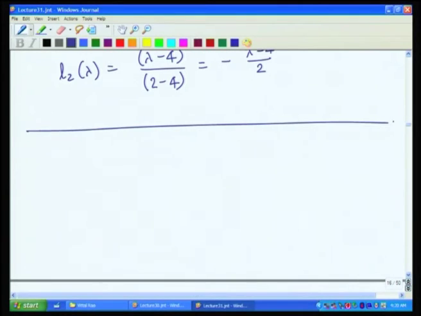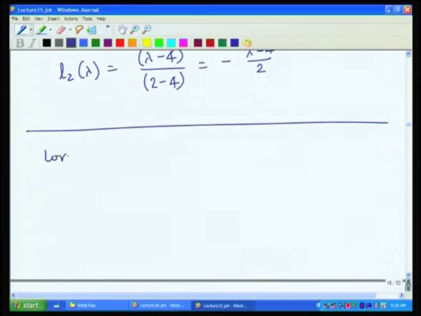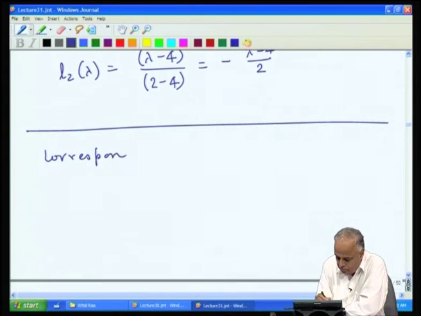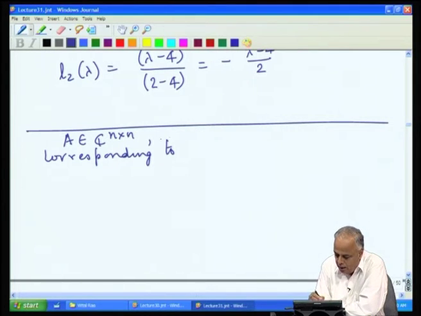Now, suppose we have these polynomials corresponding to the matrix A. We have seen that corresponding to every polynomial in lambda, we have the corresponding polynomial matrix Lj of A. So, let us take a general matrix A in C n by n, and lambda 1, lambda 2, lambda k distinct eigenvalues.